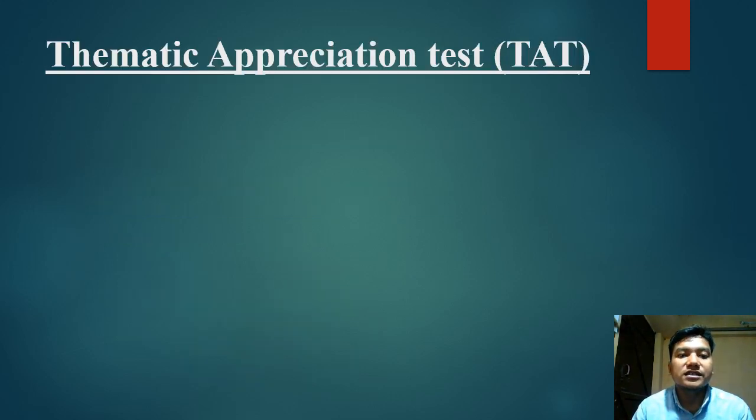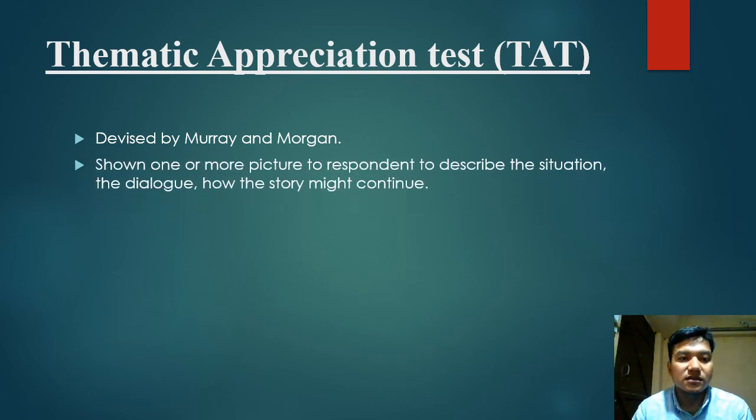And the next is the Thematic Apperception Test. This test was devised by Murray and Morgan. One or more pictures are shown to the respondent to describe the situation, the dialogue, and how the story might continue. A photograph will be provided to the respondent in which two or more characters are seen.